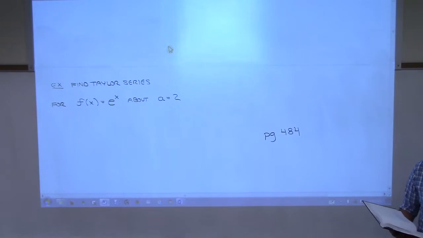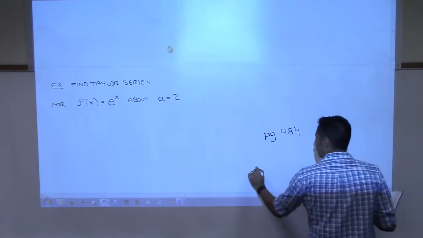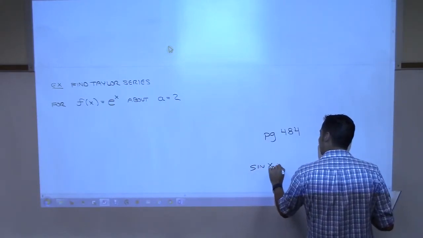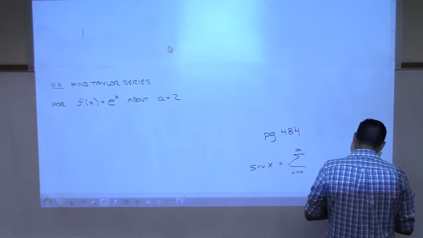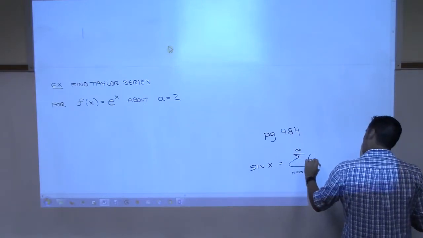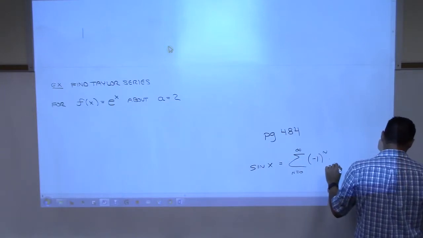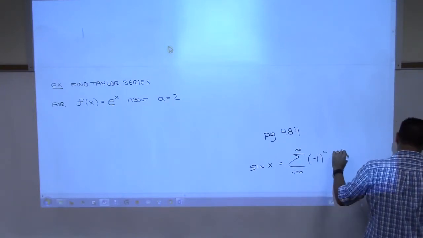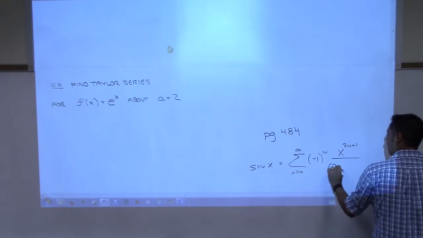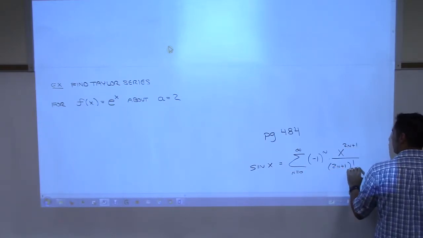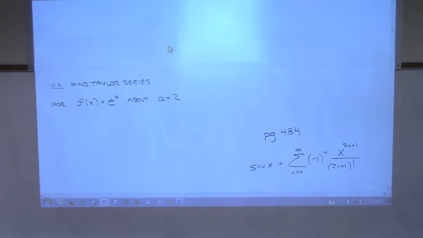Last class, I showed you that sine x is the sum from n equals 0 to infinity of -1 to the n times x to the 2n plus 1 over 2n plus 1 factorial. That's in this book on this table.